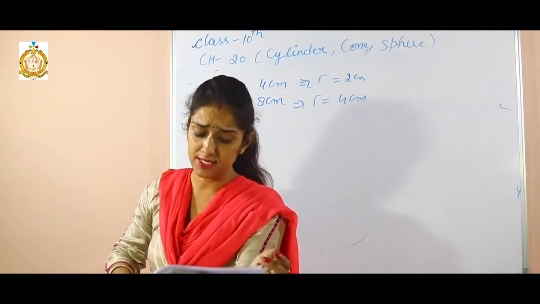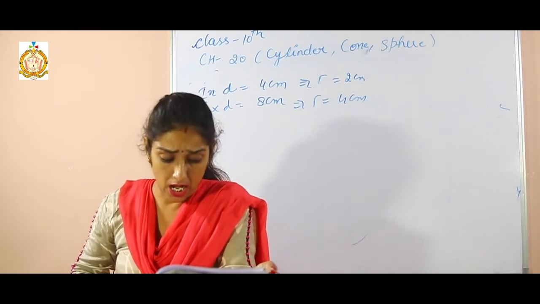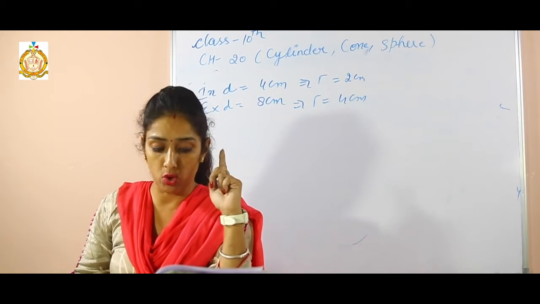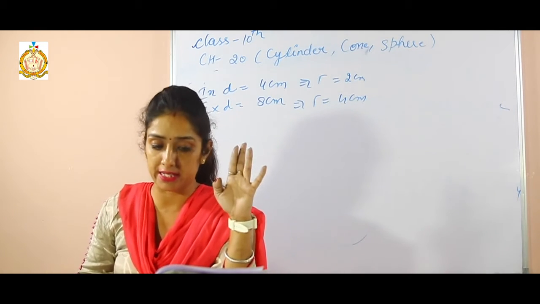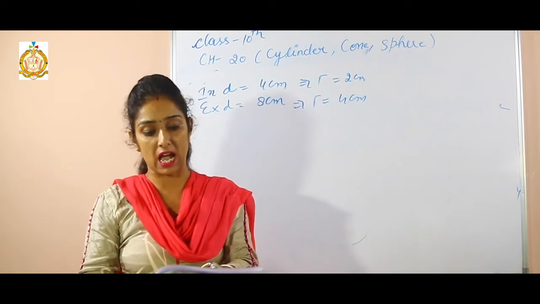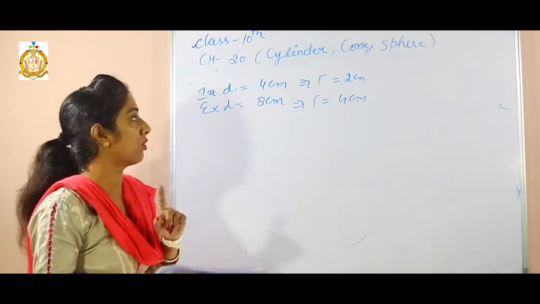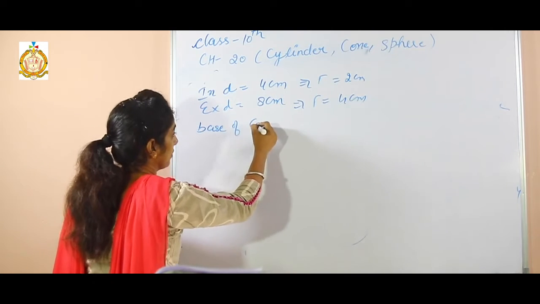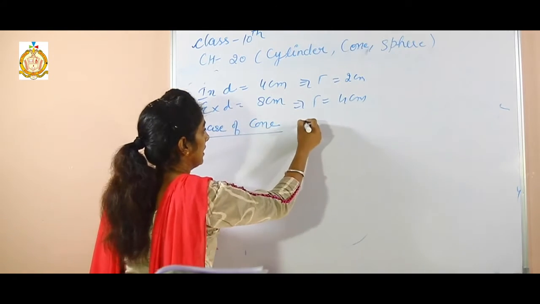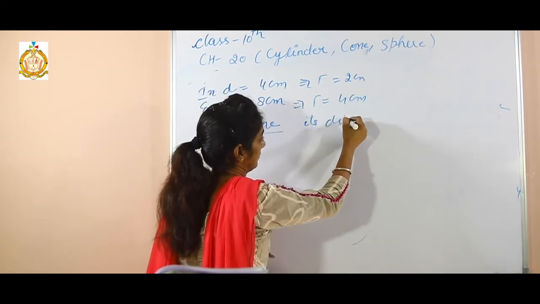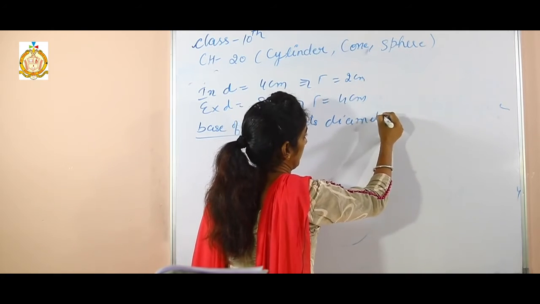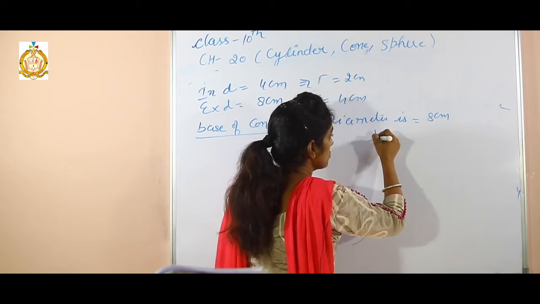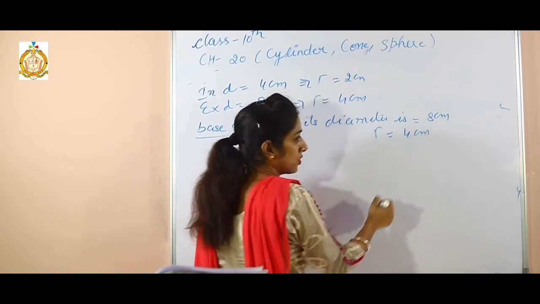Now he said, find the height of the cone, and one more thing, the cone has a base diameter of 8 cm. So we have a diameter of 8 cm for the base of the cone, so its radius is again 4 centimeter.